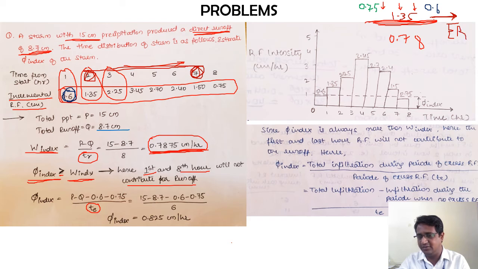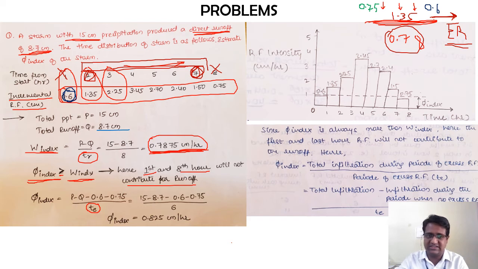Even in the previous formula we discussed, this is basically the same concept. Excess rainfall, or effective rainfall, is what we call it. So in this problem the excess or effective rainfall is there only from the 2nd hour to the 7th hour, whereas for the 1st hour and the 8th hour there is no effective rainfall. All the rainfall that has occurred has been absorbed by the soil. I hope this clears you out.